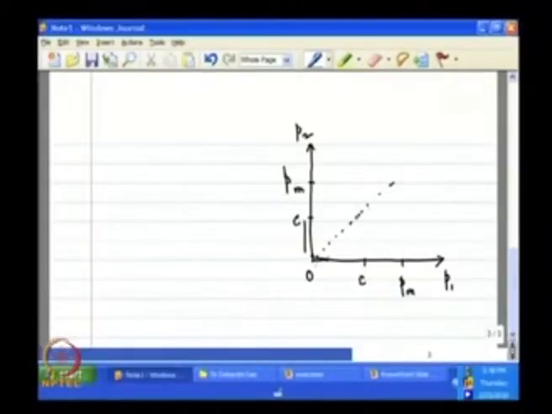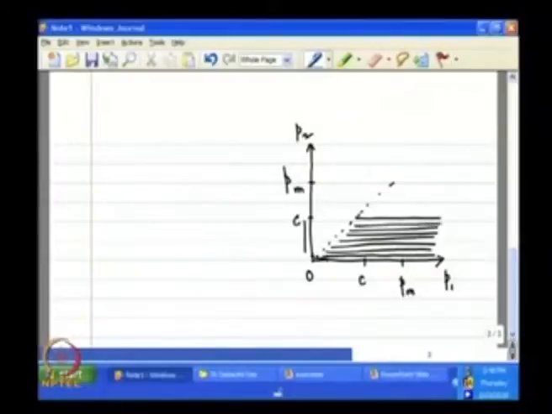P2. So, all these points will be covered by the best response functions. But not these points on the 45-degree line.